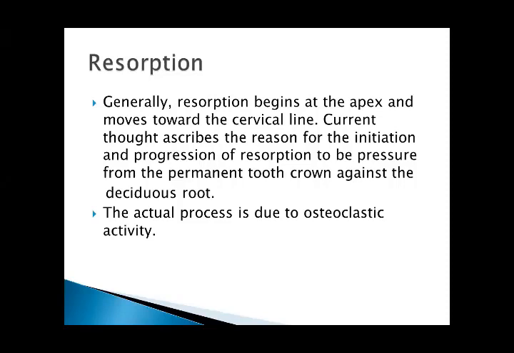Osteoclastic activity, what is it? It is a body process of breaking down bone in order to rebuild it. When orthodontic force is applied to a tooth, osteoclastic activity breaks down the bone in the jaw, allowing the tooth to move.